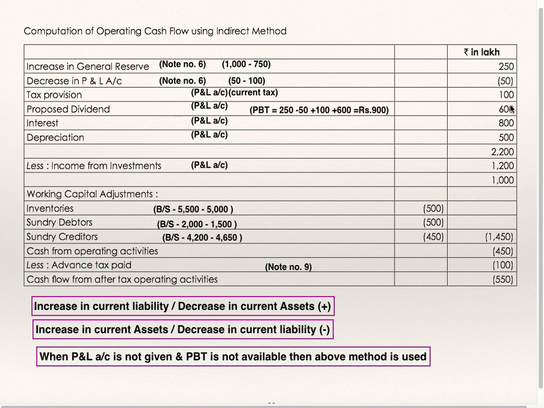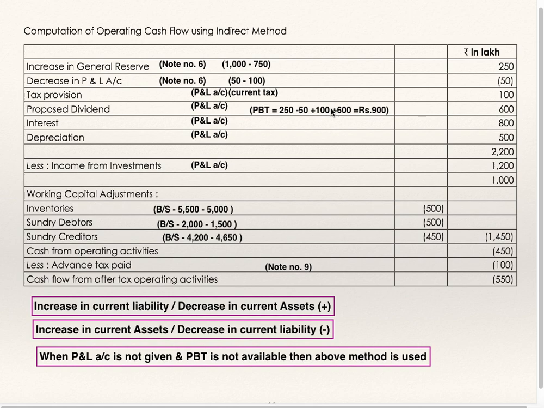If the profit and loss account is not given, in that case this indirect method is used. So difference in general reserve 250, plus difference in profit and loss account minus 50, taxation provision plus 100, proposed dividend plus 600, you will get 900. Call it profit before tax and then proceed as usual.